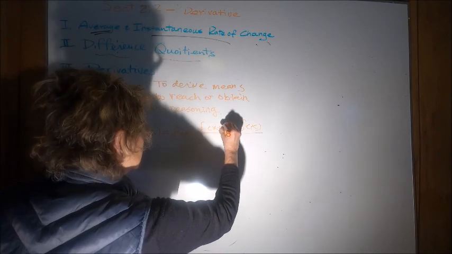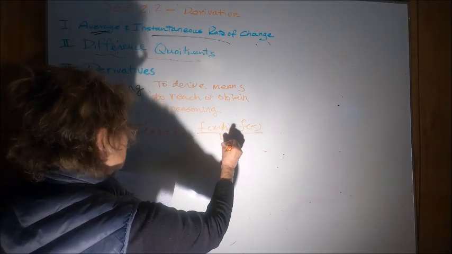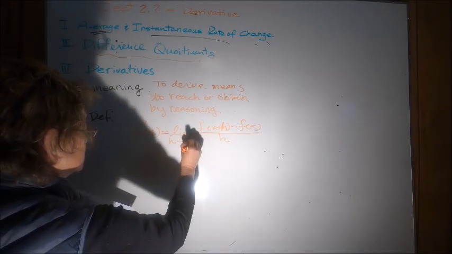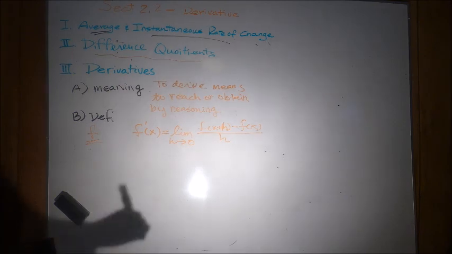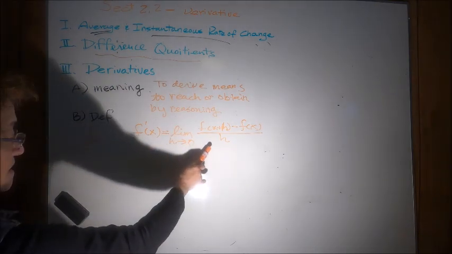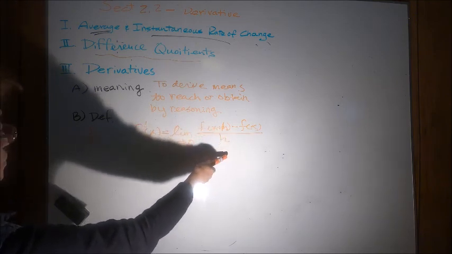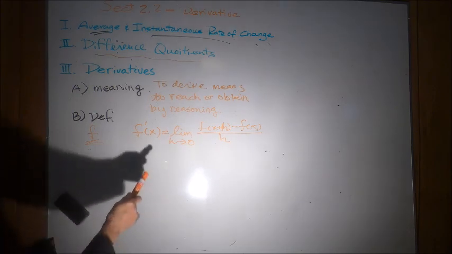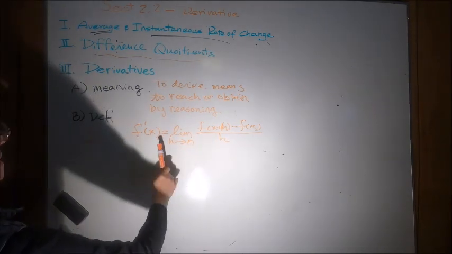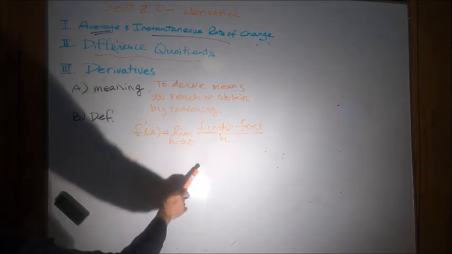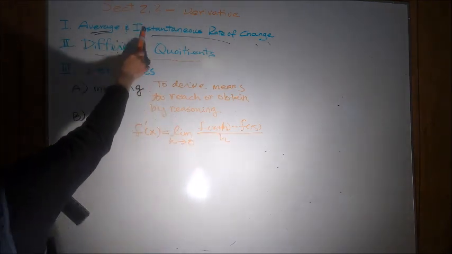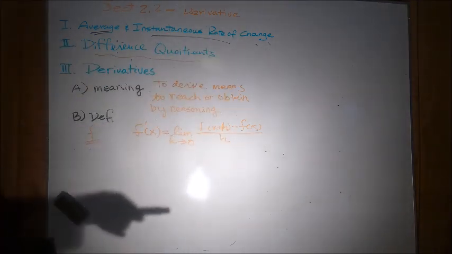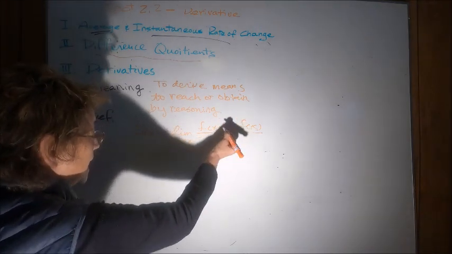That's what we have been practicing. This limit of the difference quotient is the instantaneous rate of change and the slope of the tangent line at the point x.